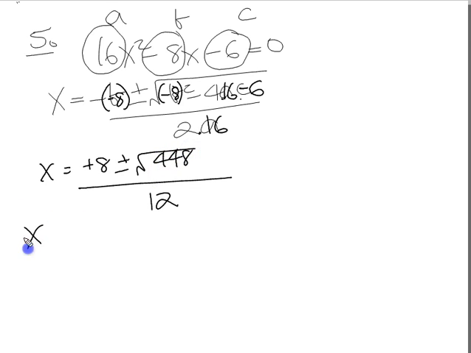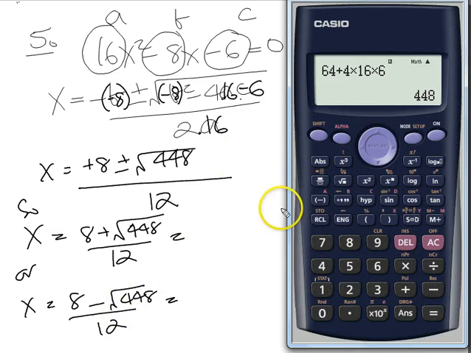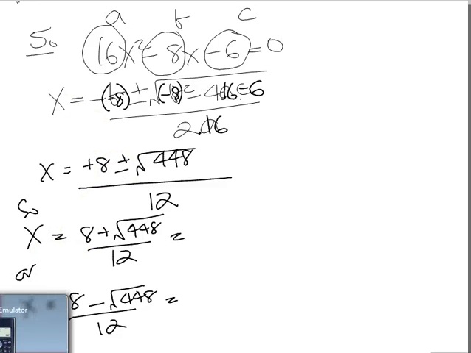So the answer, x equals 8 plus root 448 over 12, or the other answer that we get is 8 minus root 448 over 12. So let's tap these in the calculator then. Both of them. So we've got 8 plus root 448. Let's have a go at that then.